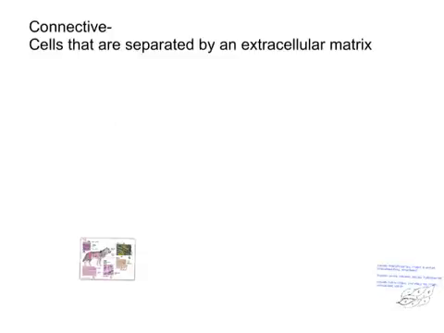It's basically some type of substance, some type of protein substance that's on the outside of the cells. So you have cells that are separated by something, and that extracellular matrix can be solid, it can be gel-like, or fluid.